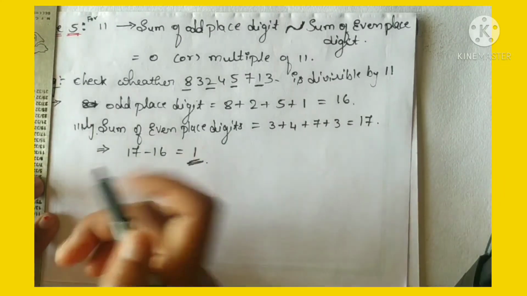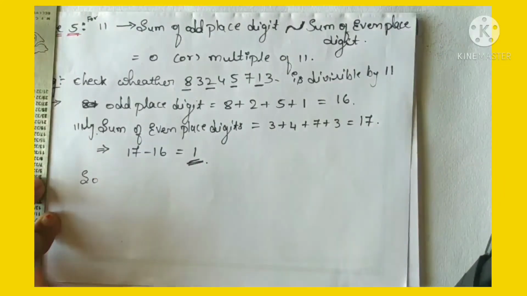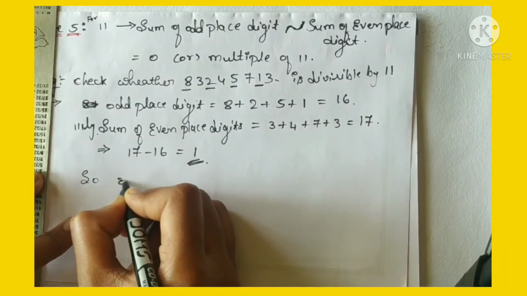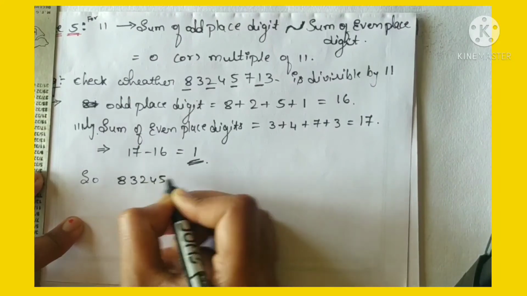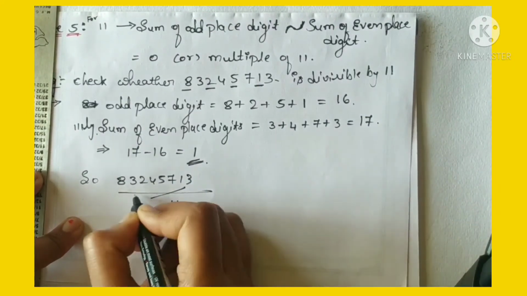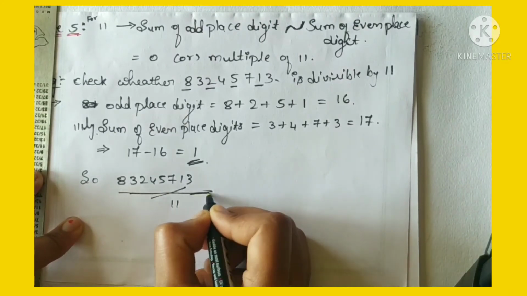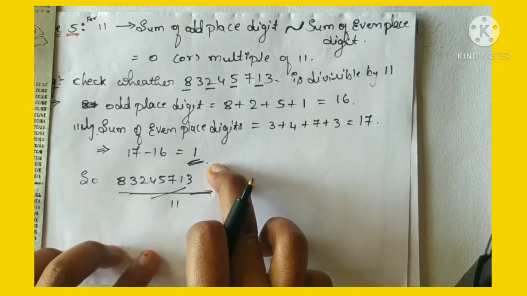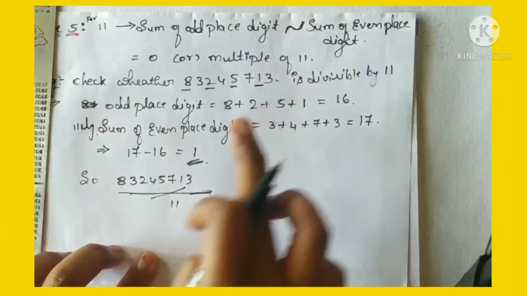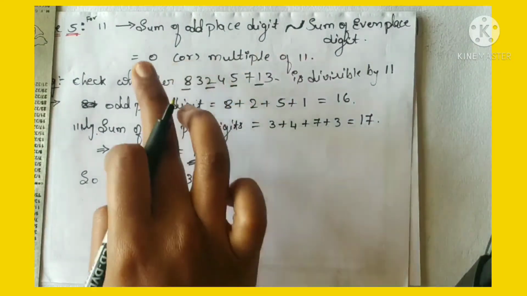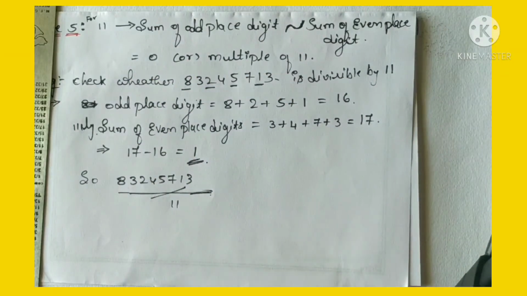So this number is not divisible by 11. Why is it not divisible by 11? Because we did not get the answer as a multiple of 11 or 0. If we get a multiple of 11 or 0, then it is divisible, but here we did not get that, so it is not divisible by 11.